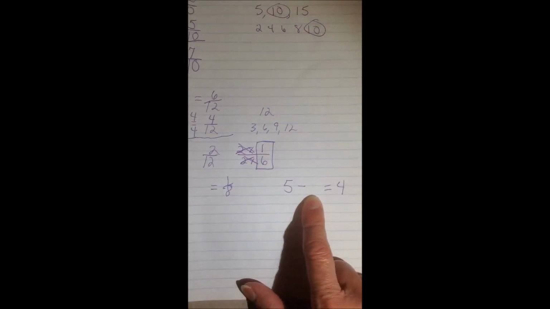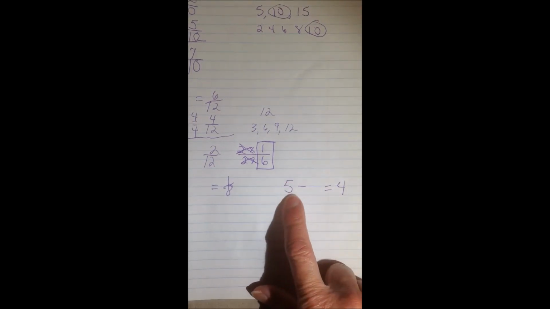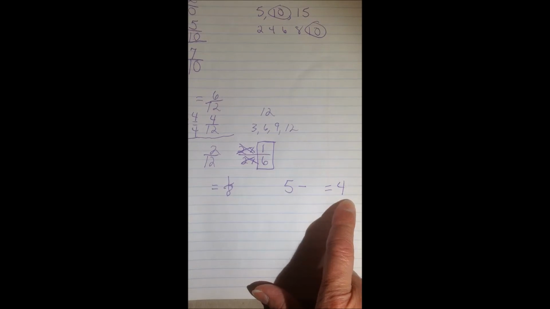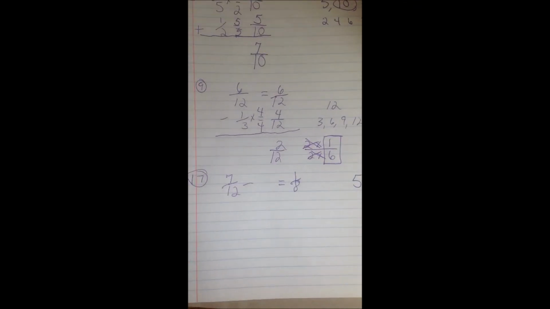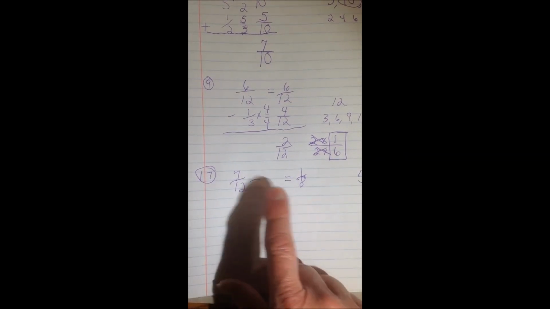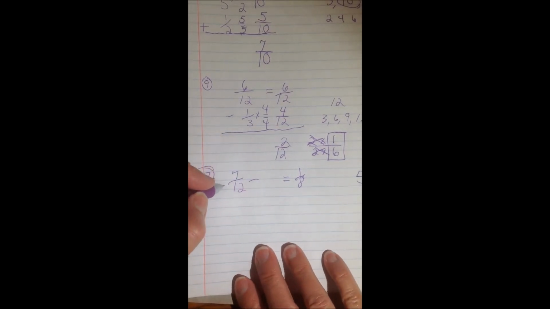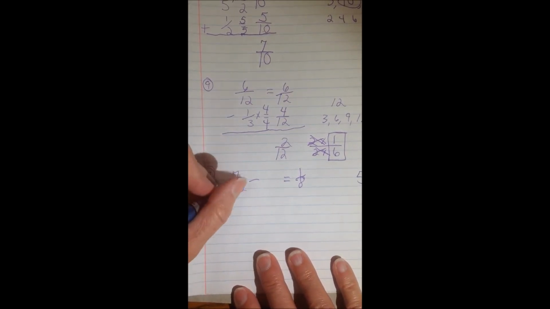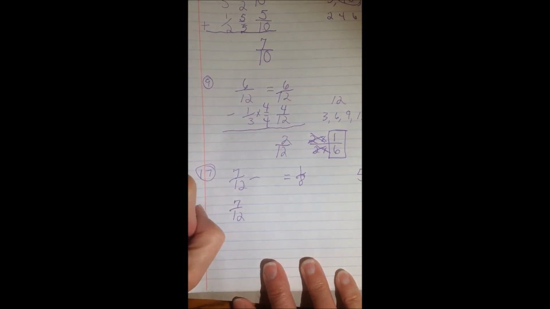Oh, 5 minus something is 4. We're going to take 5 minus 4 will give us 1. Okay? So that's what we're going to do over here. 7/12 minus 1/8, and that's going to give us our missing number. And I like you to do your numbers up and down. For some reason, I think it's easier.